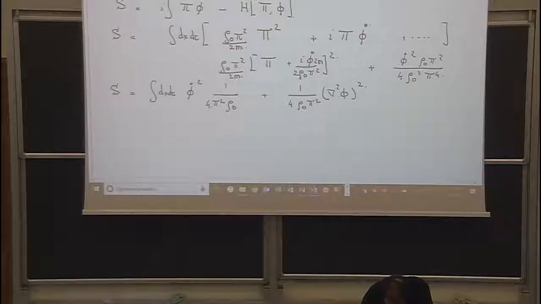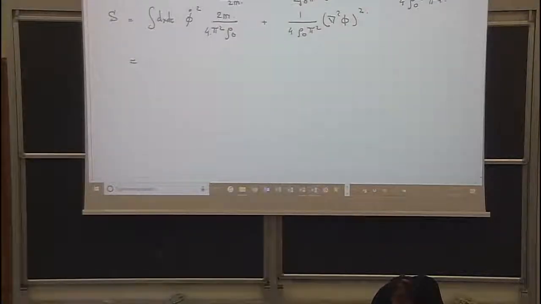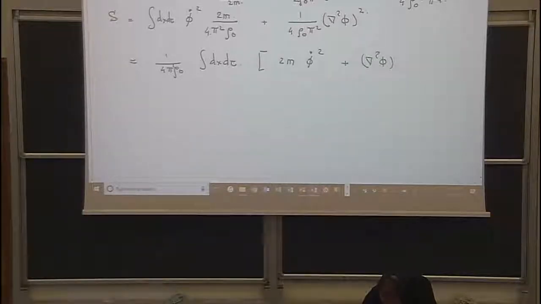And therefore, I'm left with a 2m in the numerator here. Okay. So at the end of the day, my action is 1 over 4 pi square rho 0, which factorizes. I get sum over dx d tau. I get something like 2m times phi dot square plus nabla square phi square.